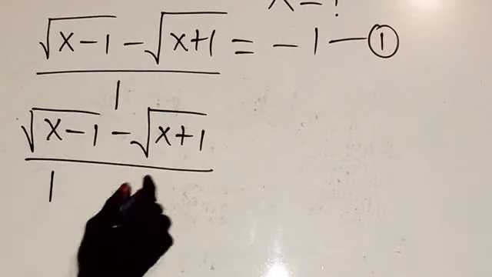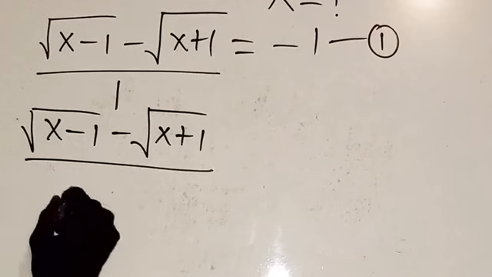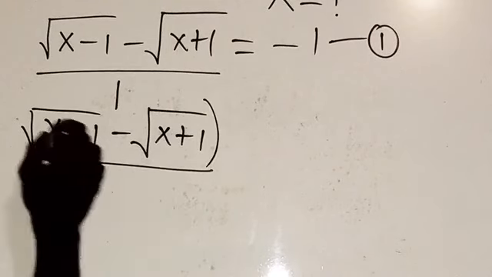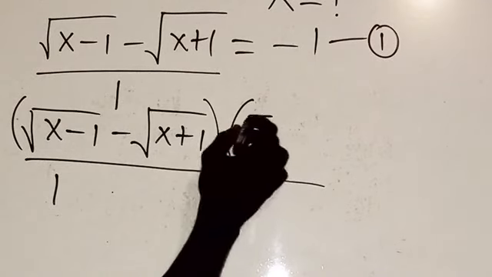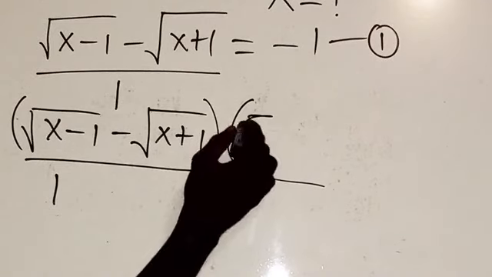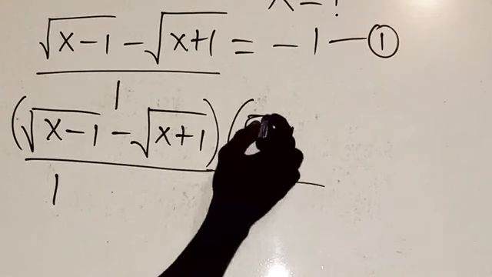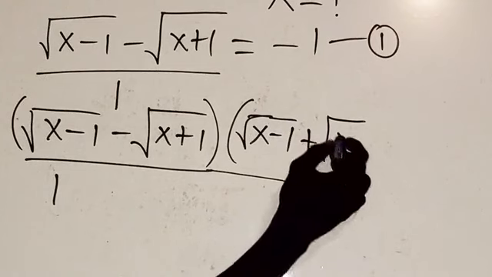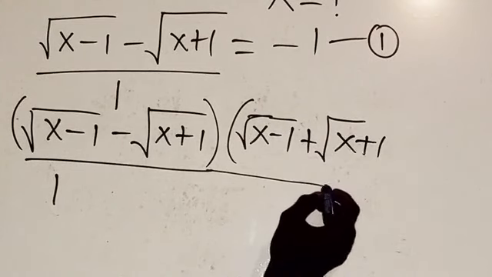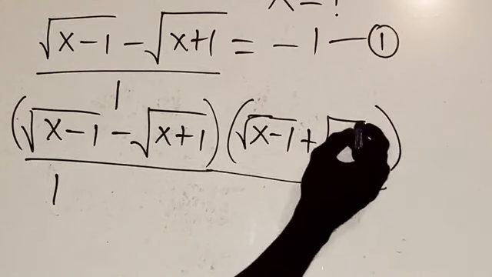We have the 1 here, and everything here will be multiplied by the conjugate of this, which is root of x minus 1 plus square root of x plus 1. Are you following?